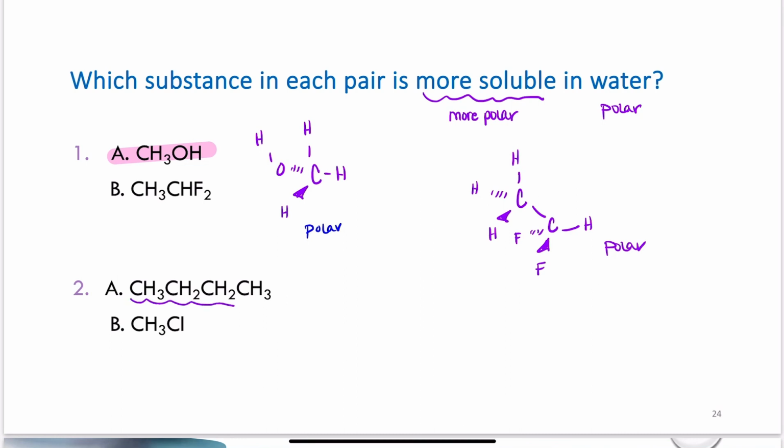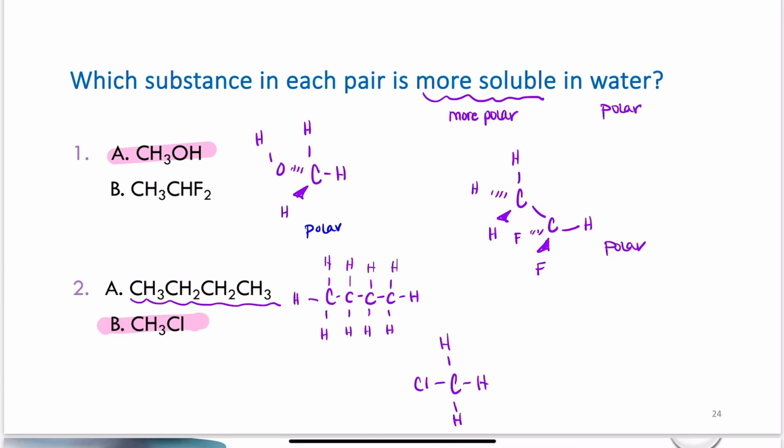Looking at this, if you draw this out, you're going to find it's a longer carbon chain. Called butane. Probably heard of butane gas. Versus CH3Cl. Which one's more polar? This one. Therefore, it is more soluble in water.